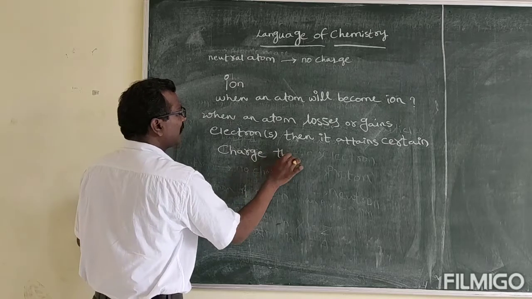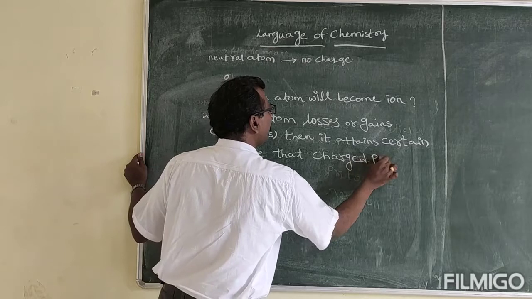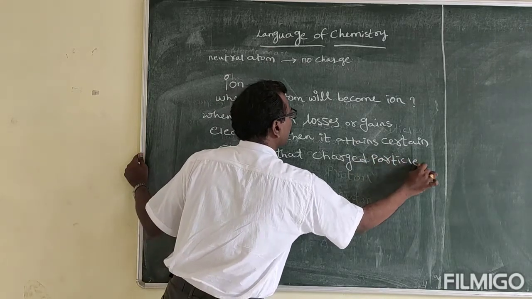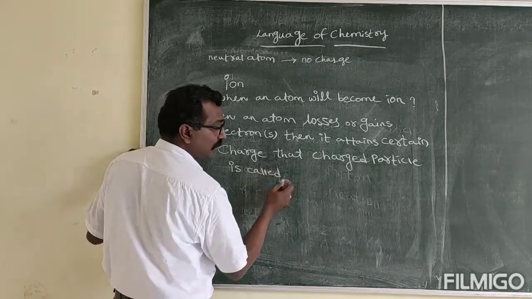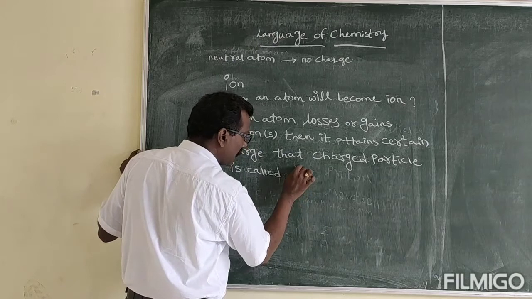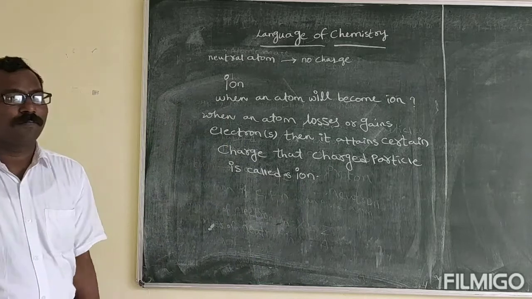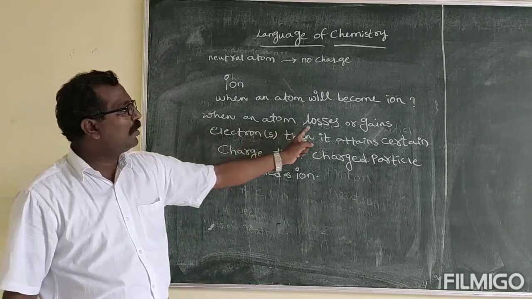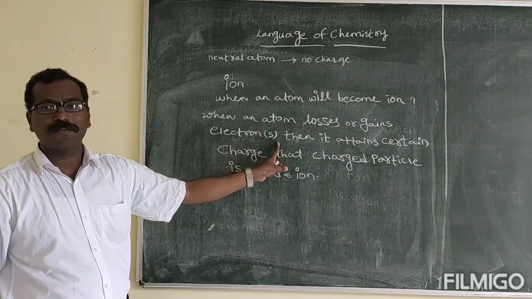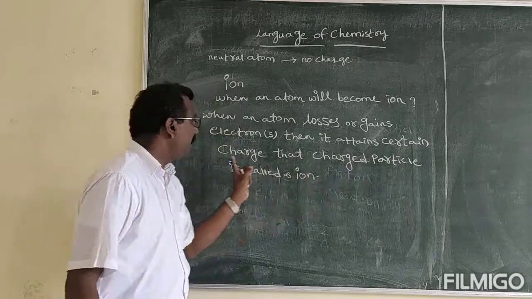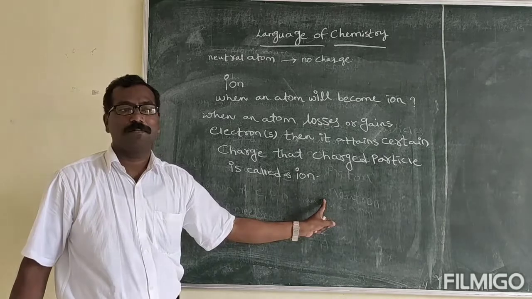That charged particle is called an ion. See, when an atom loses or gains electron or electrons, then it contains a certain charge. That charged particle is called an ion.